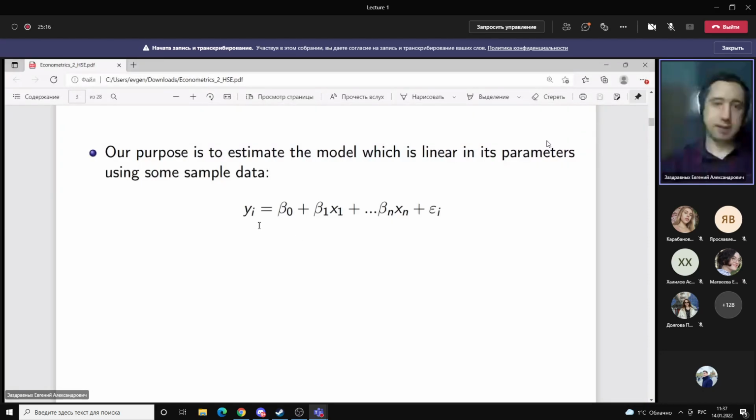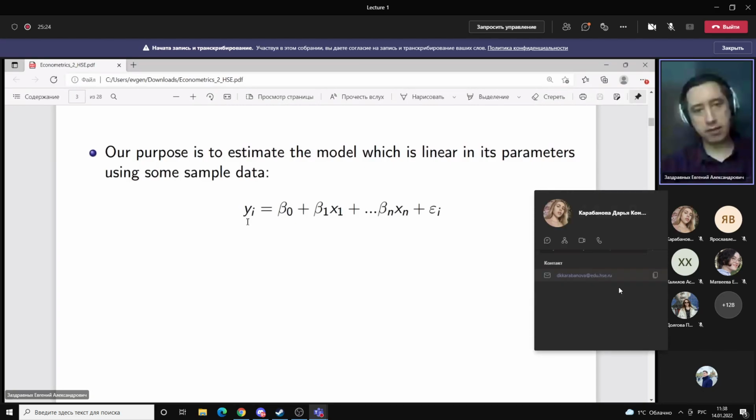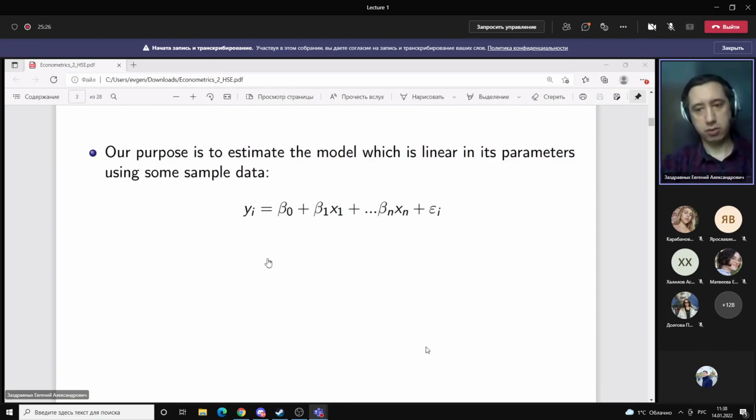This relationship must be linear in parameters: x could be x as is, or it could be the logarithm of x, as well as y could be a logarithmic value, or it could be a raw value. So our job is to estimate betas, and what does it mean to estimate?